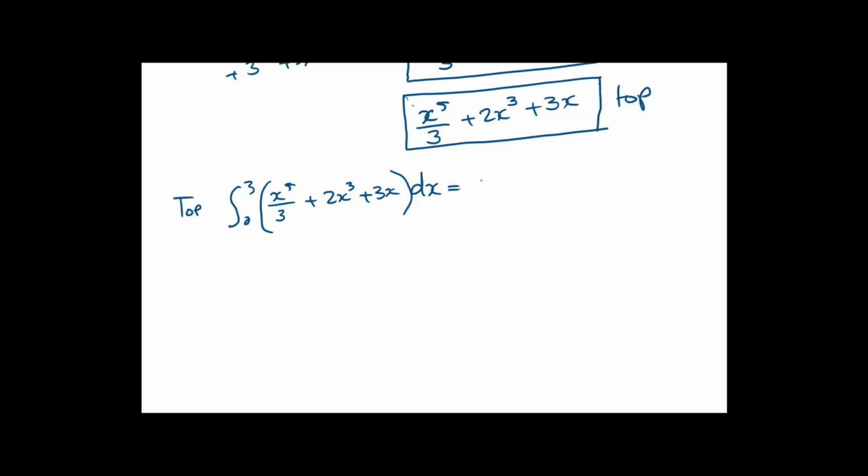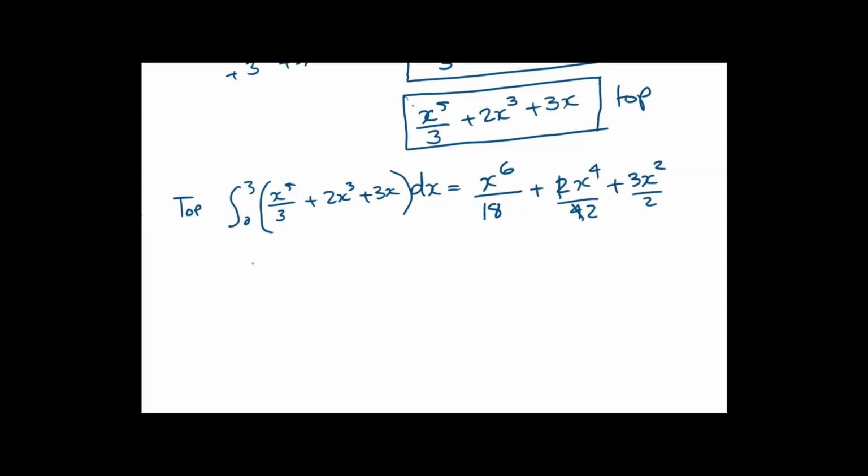So we have x to the power of 6 divided by 6, 18 will come down the bottom, plus 2x to the 4 over 4, this cancels, this can go to 2, and this last one is 3x squared, divided by 2.